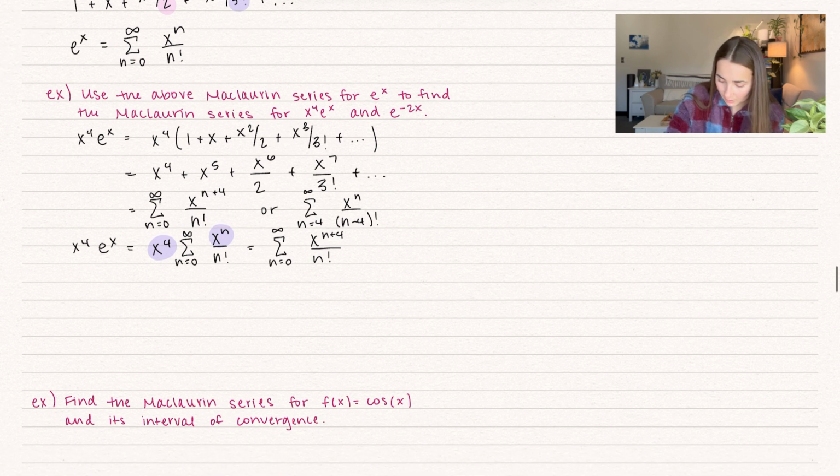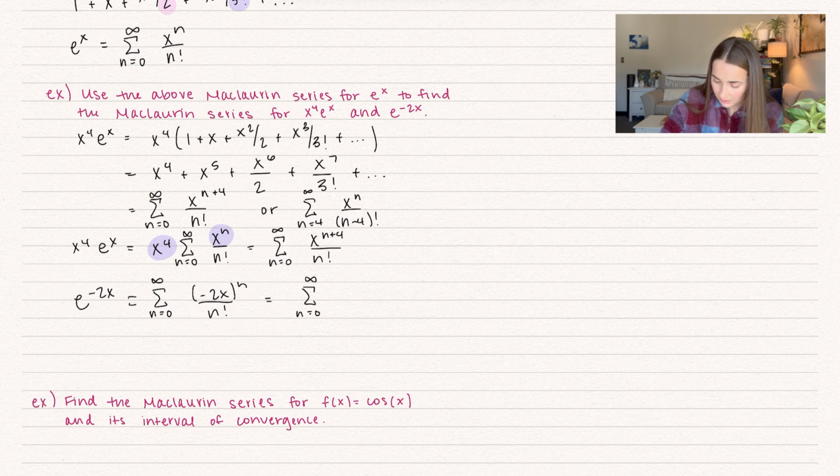Let's go ahead and think about e to the negative 2x. One thing we can do is replace x in our series. So this is equal to the summation n equals 0 to infinity. Instead of x to the n, we replace it with negative 2x to the n divided by n factorial, right? And if you wanted, you could split this into all of the pieces: n equals 0 to infinity, negative 1 to the n, you could pull out that 2 to the n, and x to the n, or you could leave that as 2x to the n.